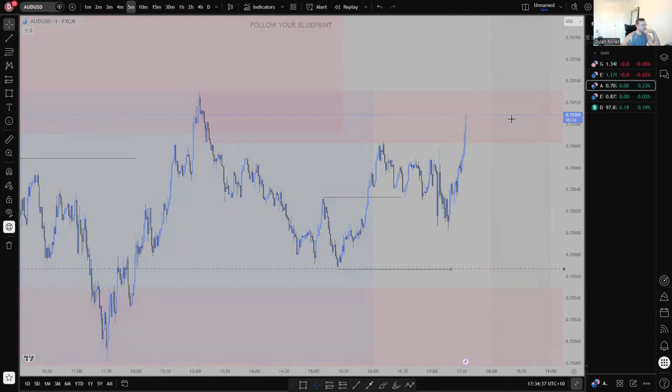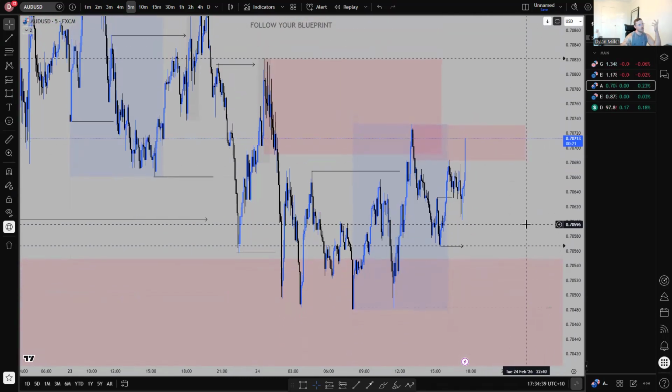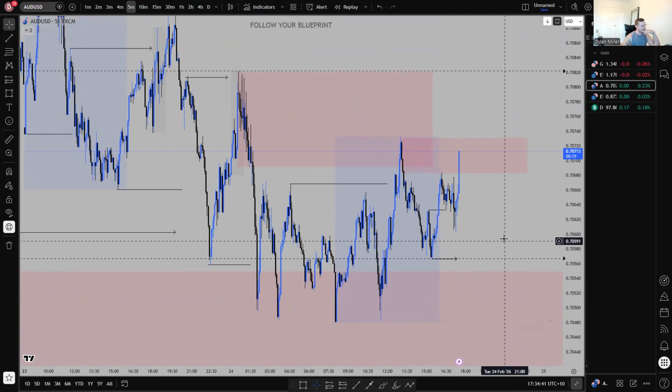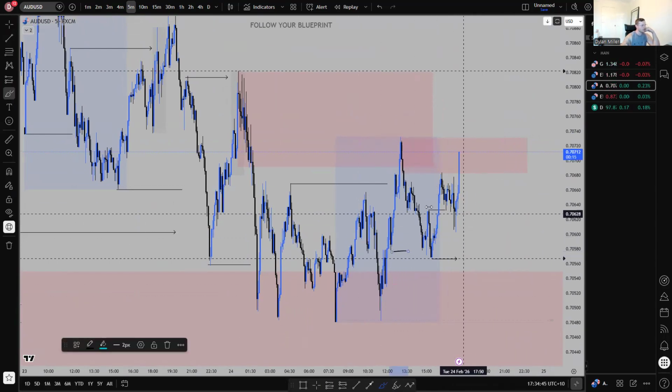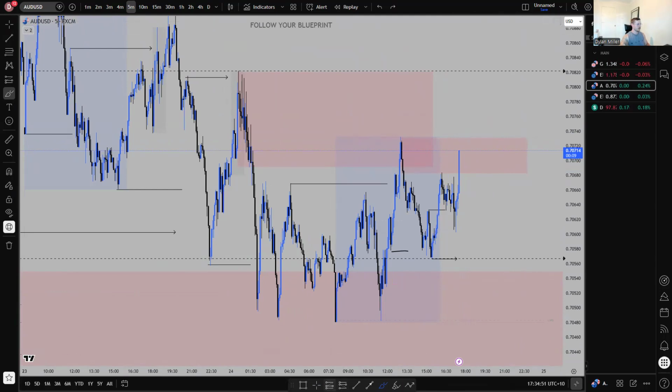Glad I didn't miss an entry. But yeah, so what's happened is we've induced the decisional break to the upside, second break. Yeah, to be honest, that was probably valid to set. You would have set it off of that.